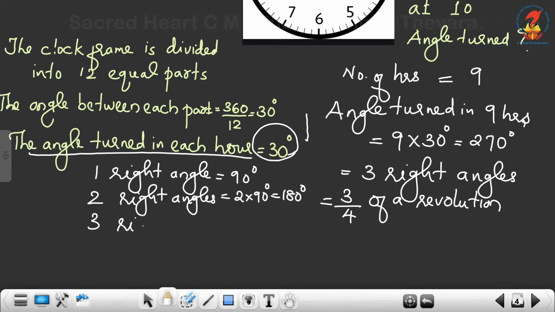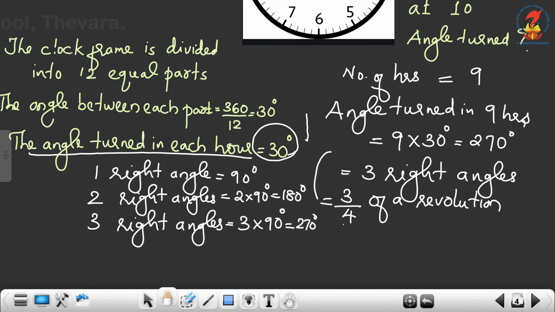Three right angles equal 3 into 90 degree equal to 270 degree. And 4 right angles means 4 into 90 degree, which is equal to 360 degree. Then it will be a complete angle.